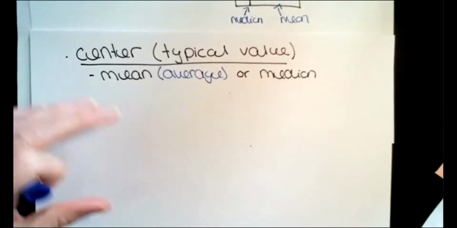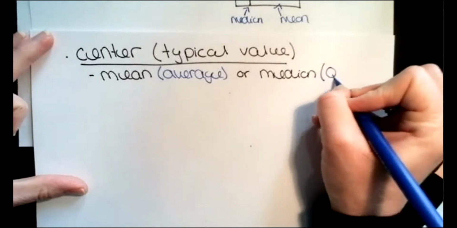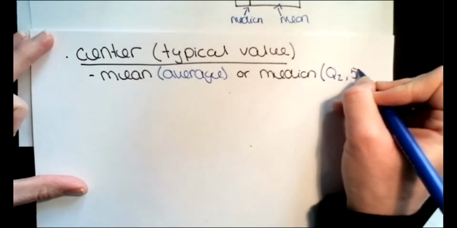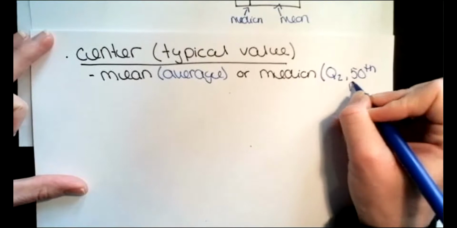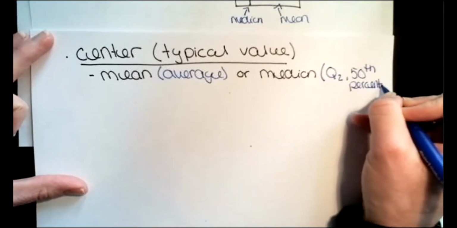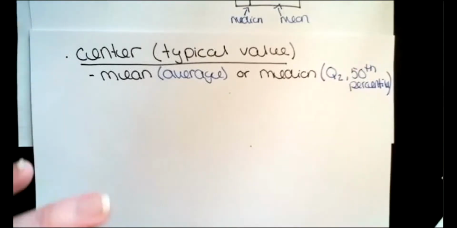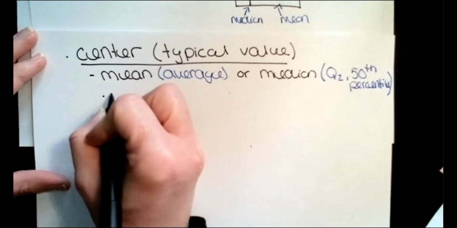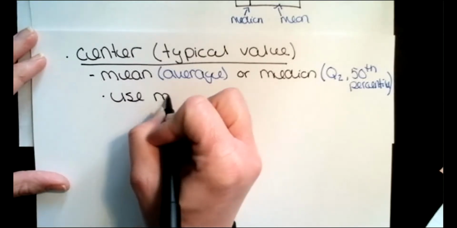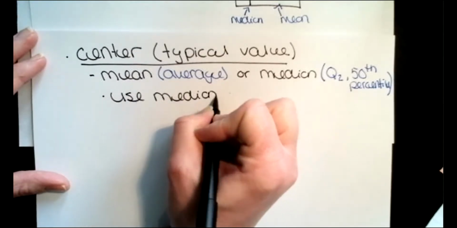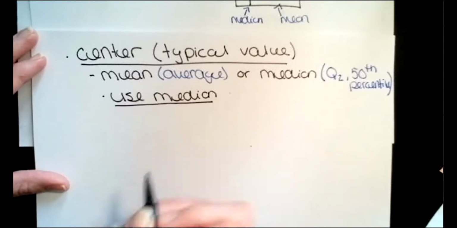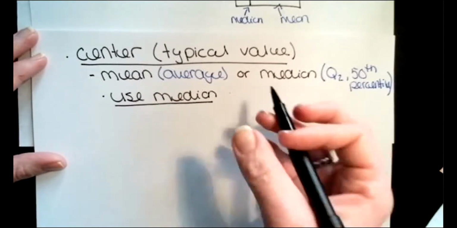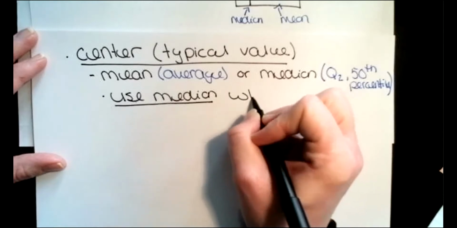which the median is quartile 2. It's the 50th percentile, which means 50% of the data is less than that number and 50% is greater than that number. So we're going to use the median for my center when outliers are present.